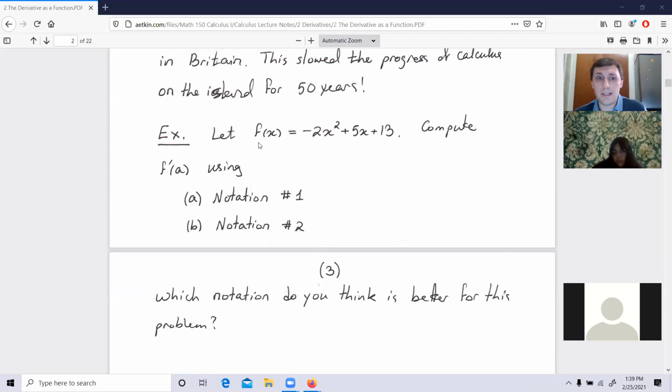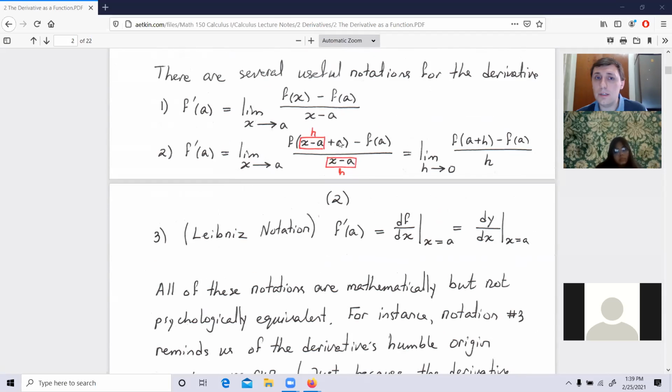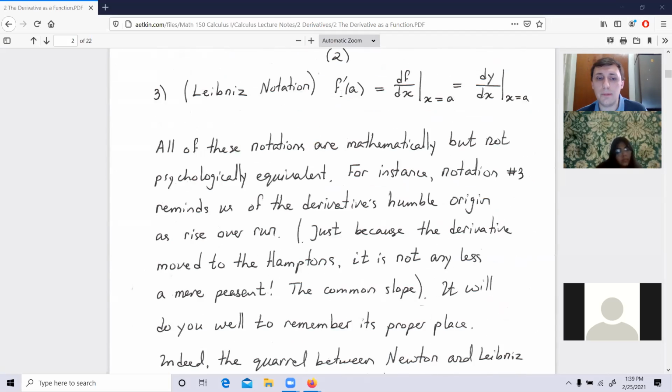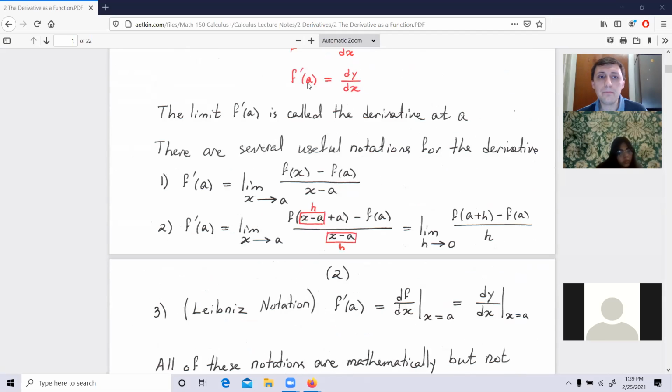So here we go, guys. f of x is equal to minus 2x squared plus 5x plus 13. I want you to compute the derivative at an arbitrary point a using notation 1. Notation 1 is this notation, the old one. And notation 2 is this one. Here, so that you may stare at it, I'll write it here for you.